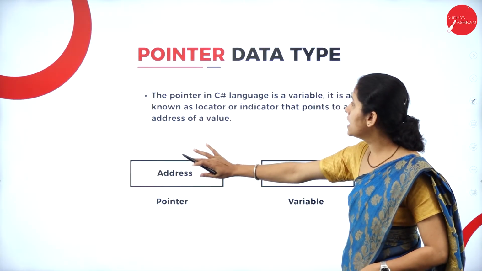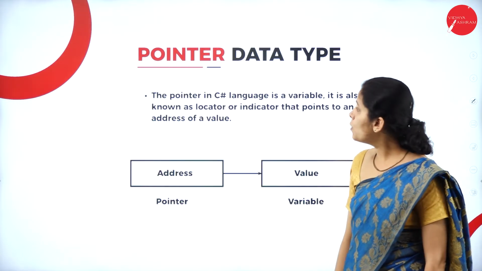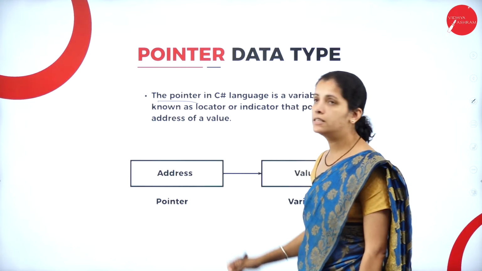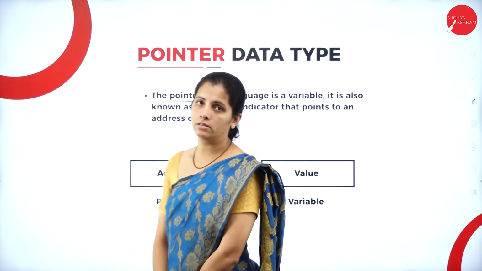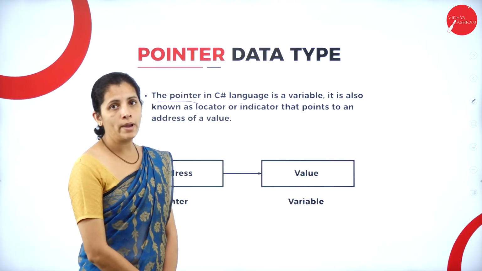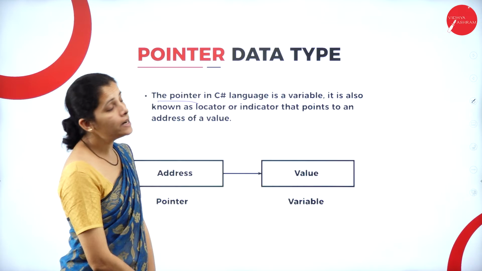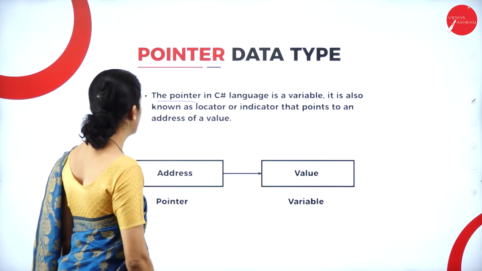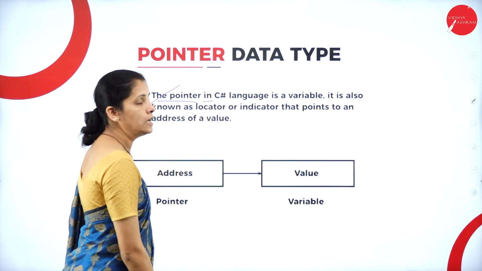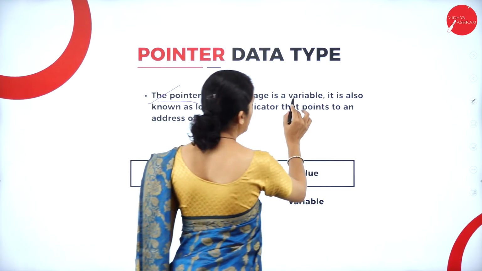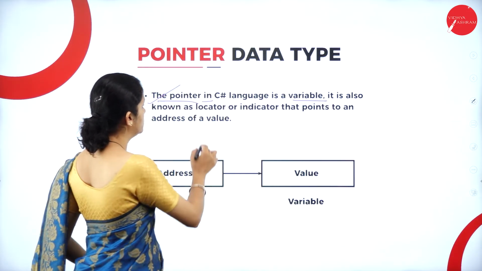Now, the next type here is the pointer data type. So, what is a pointer? If I consider the C program, we have the concept called pointer. So, a pointer is a variable which is responsible for holding the address of another variable. So, here the pointer in C# language is a variable and it's also known as a locator.